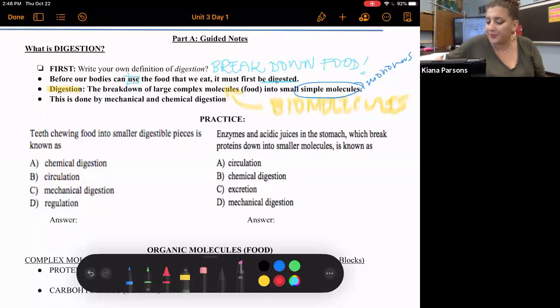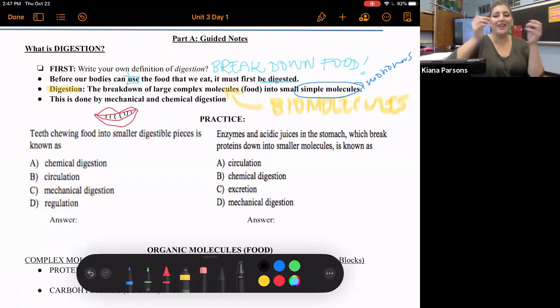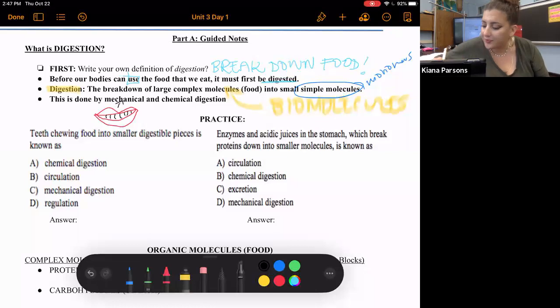So mechanical is what your teeth and stomach and esophagus are doing. So mechanical is the moving around, and then chemical digestion happens with enzymes. But they're both working together to break down our food.